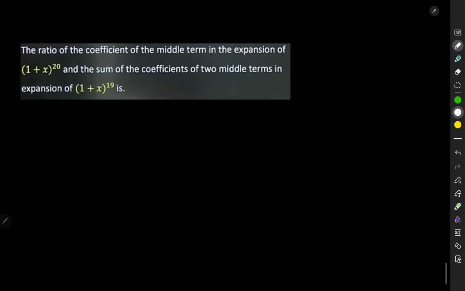Okay, let's solve a question. The ratio of the coefficient of the middle term in the expansion of (1 plus x) to the power 20, and the sum of the coefficients of the two middle terms in the expansion of (1 plus x) to the power 19. So what is the middle term in the first expansion? n is even, right? So t of 20 by 2 plus 1, which is t11. So the middle term of this expansion is t11.